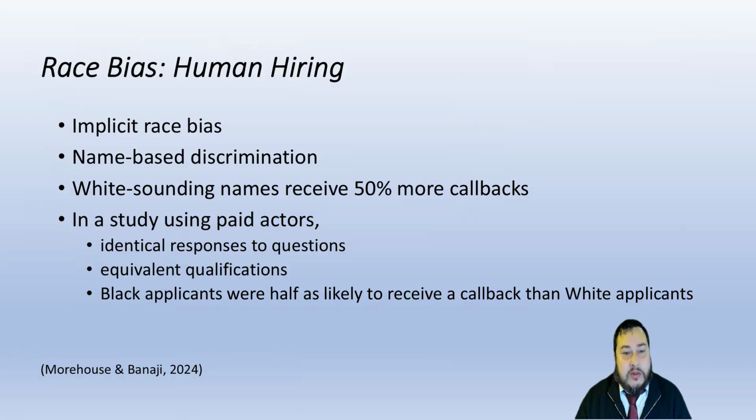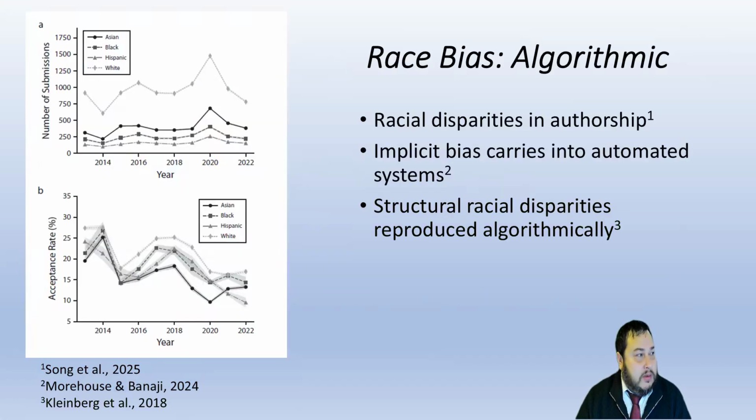By using data to train ATS tools without bias mitigation, we would be consenting to a status quo of discrimination. Song and colleagues show racial disparities and authorship patterns, which is important because it demonstrates how structural inequalities appear in data.